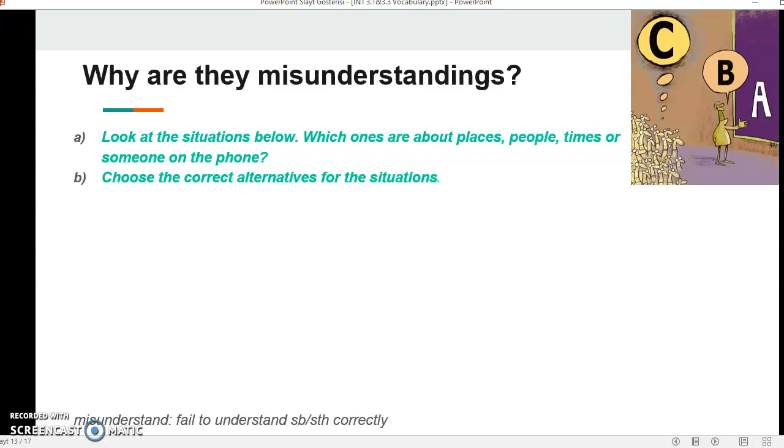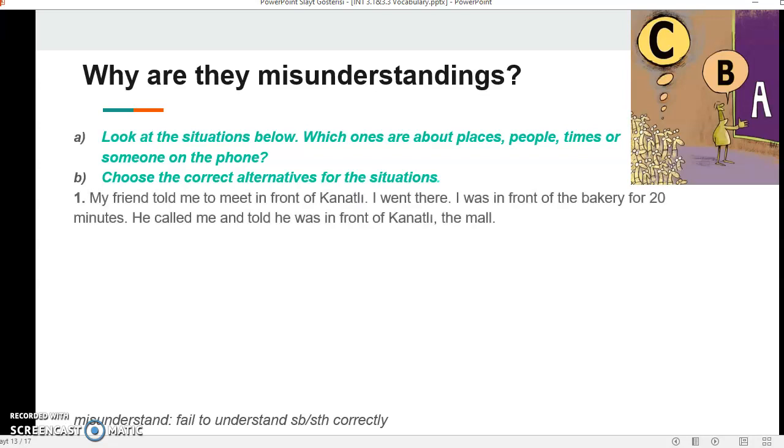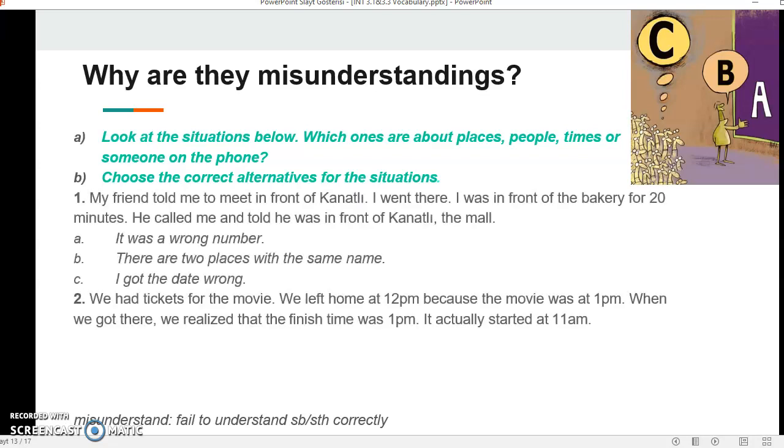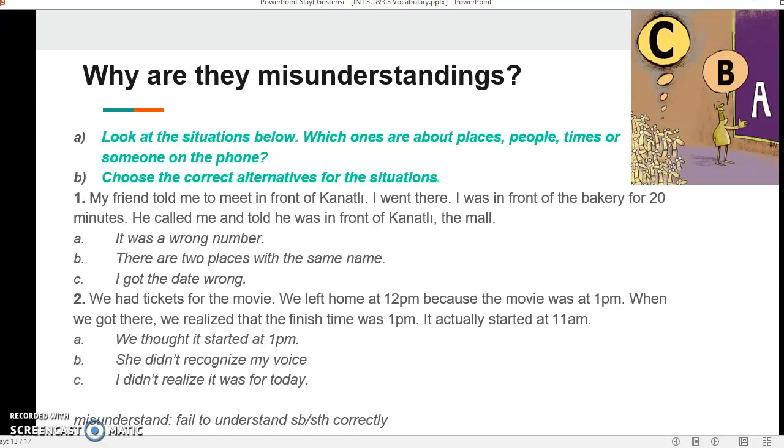Choose the correct alternative for the situation. Here's the first situation and the second one. The first one is about a place. The second one is about the time. The correct alternatives are here.